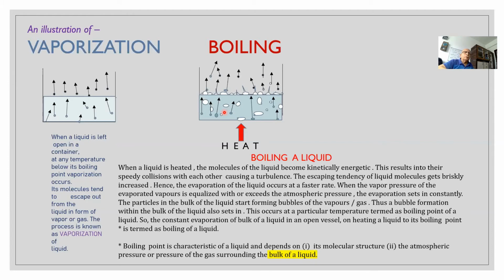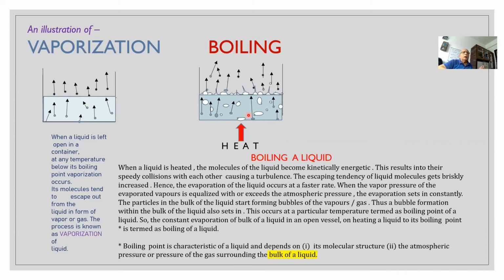You apply heat, and it's a process where the liquid becomes more turbulent. Turbulence means some type of disturbance between the molecules. You can see it boil. The liquid is boiling.